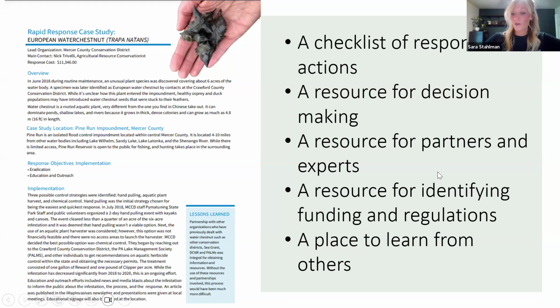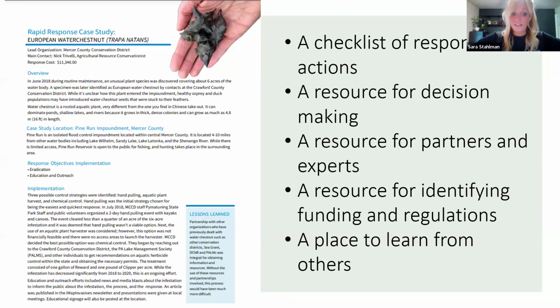It's also a place to learn from others. I just highlighted the case study section of the rapid response plan with an actual water chestnut infestation. This is a rapid response that was led by the Mercer County Conservation District on Pine Run impoundment in Mercer County, which is infested with water chestnut. It goes through how much it cost them, what their process was, and some of the lessons learned that others responding to a similar species could learn from.